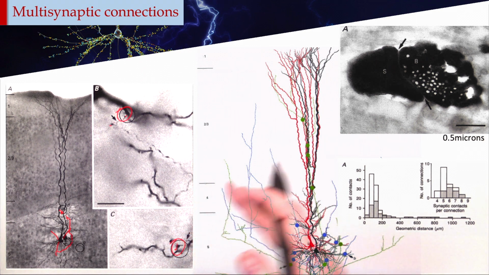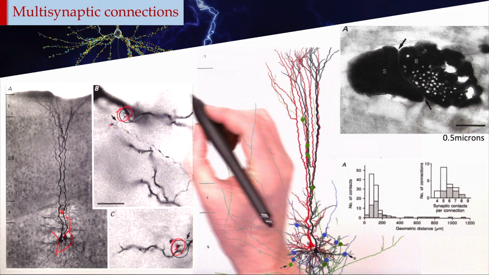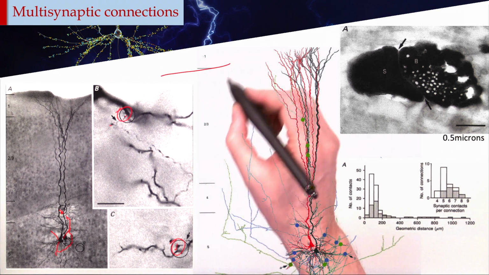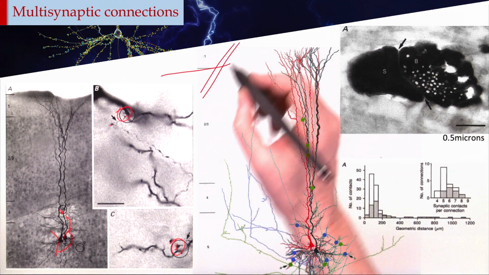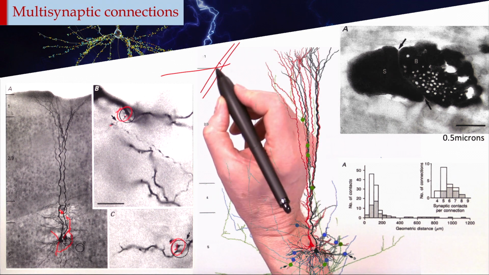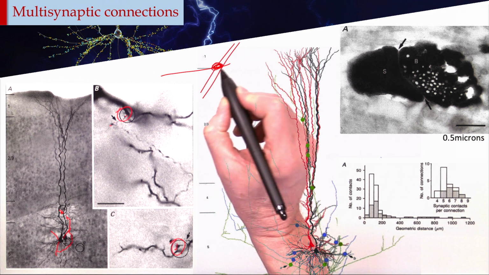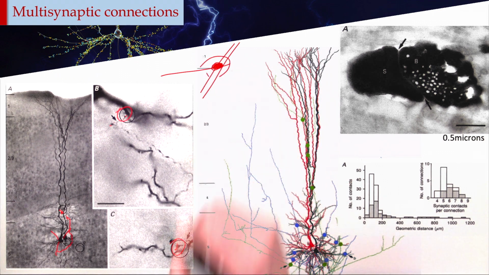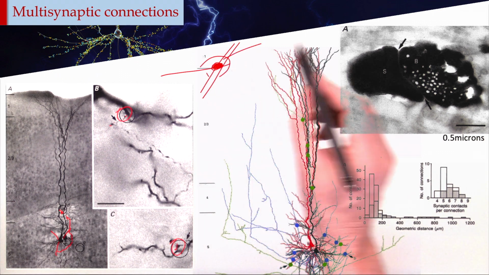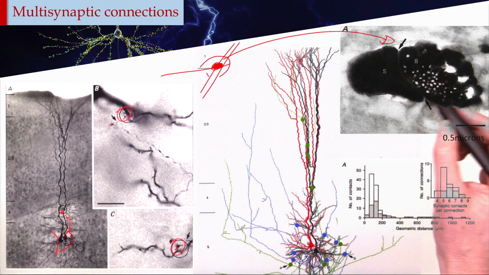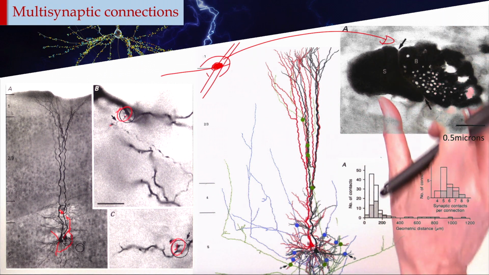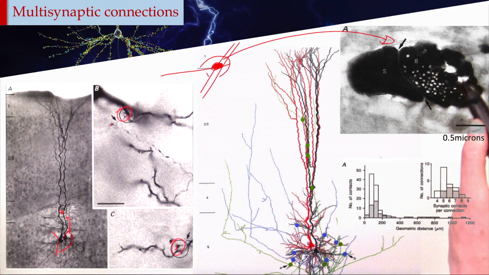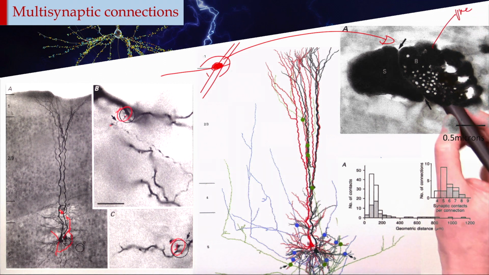You can just say that because the axon is passing by and touching a dendrite, and the axon is forming what's called a bouton, it's very likely that that's going to be a synapse. But this can be verified by doing an electron microscopic analysis. And here you see the presynaptic side with vesicles.